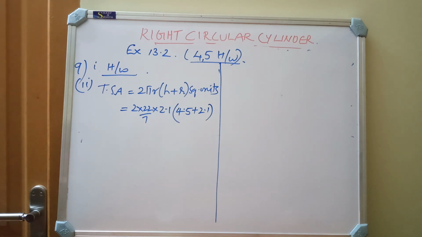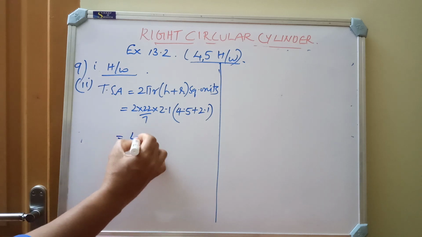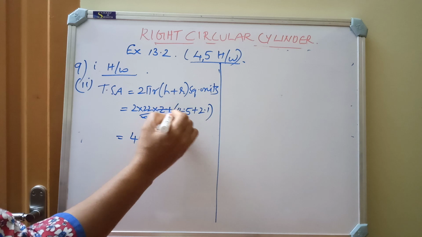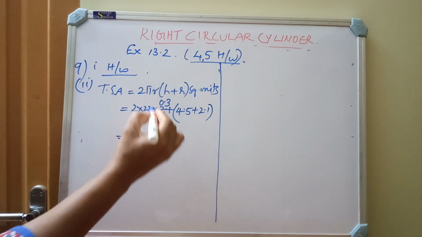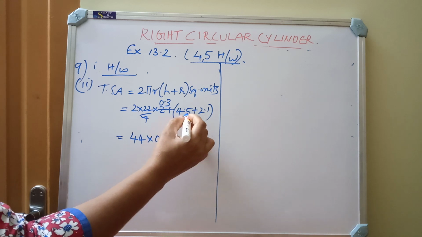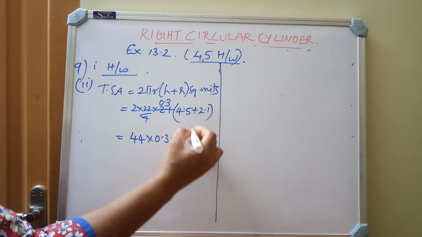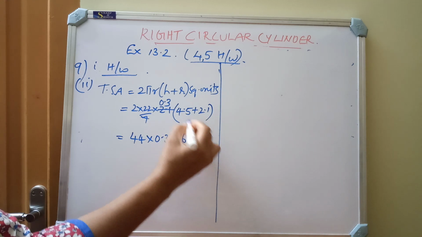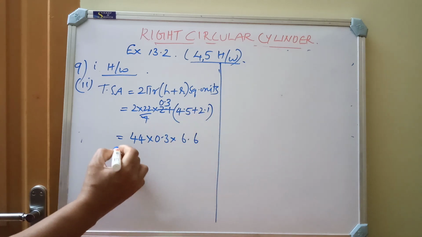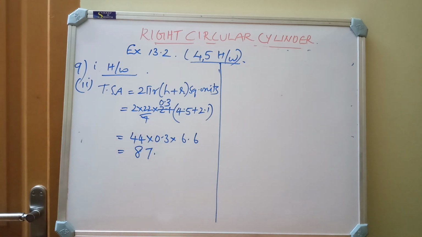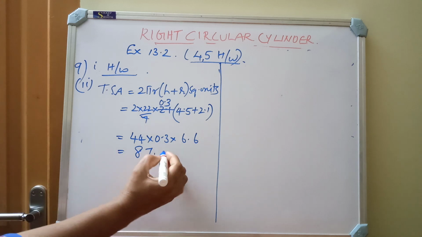That is equal to 2 into 22, 44, and 7 and 21 we can cancel. 7 threes are 21, isn't it? So, 44 into 0.3 into 4.5 plus 2.1, that is 6.6. After calculating this, you will get 87.12 meter square.